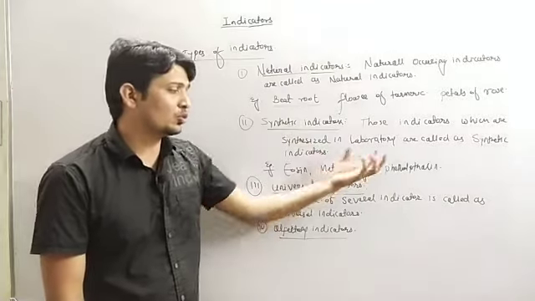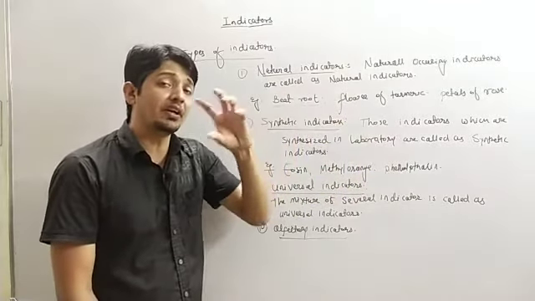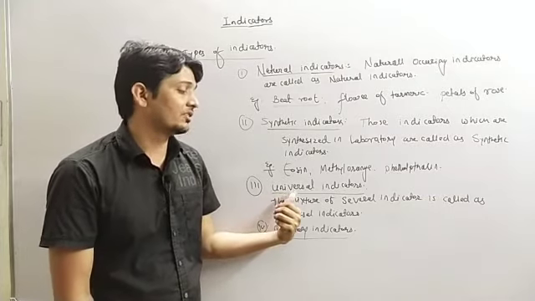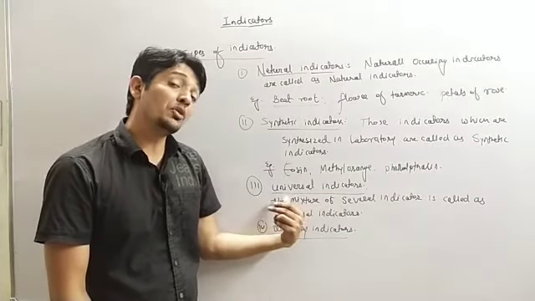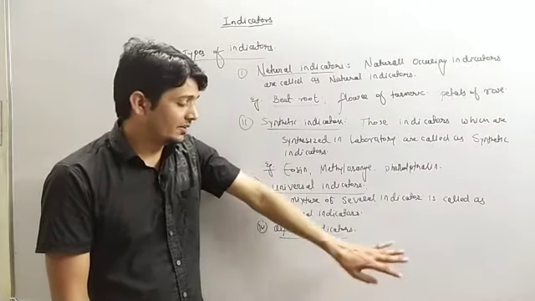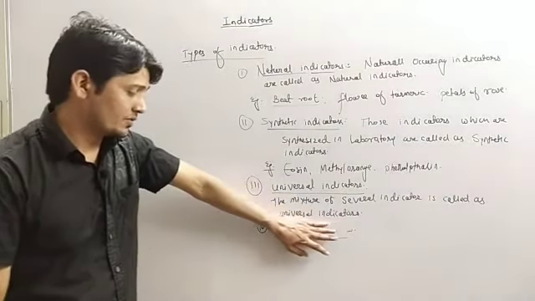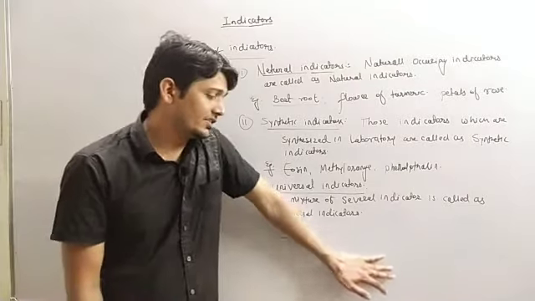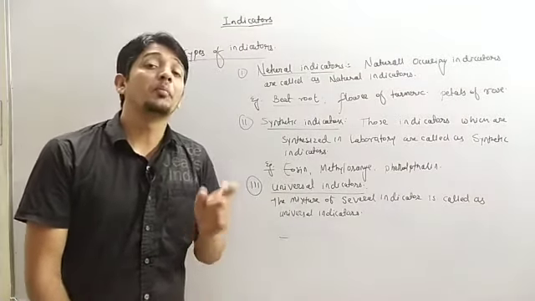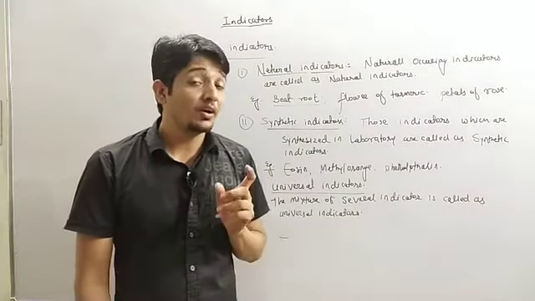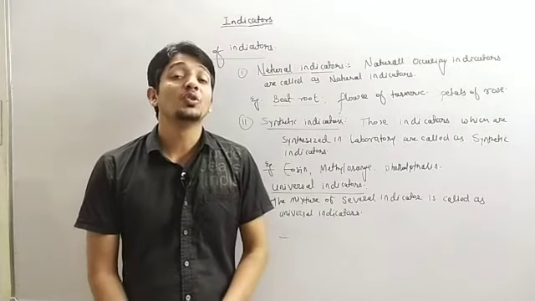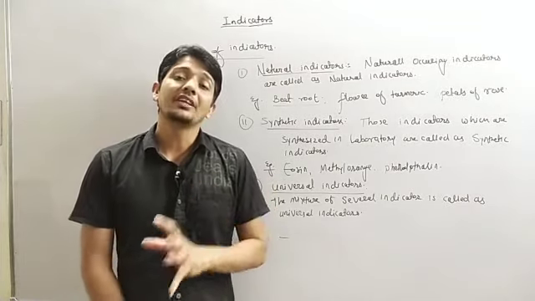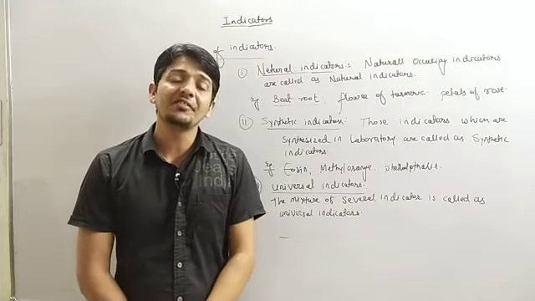If you mix 2, 3 or different types of indicators together, then such indicators are called universal indicators. And you have only 3 types. Olfactory indicators is not mentioned in your book, but we had to understand. So what are olfactory indicators? Those indicators or substances which, when added in acid or base, produce a different fragrance.